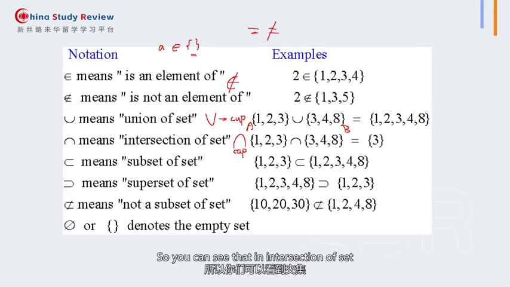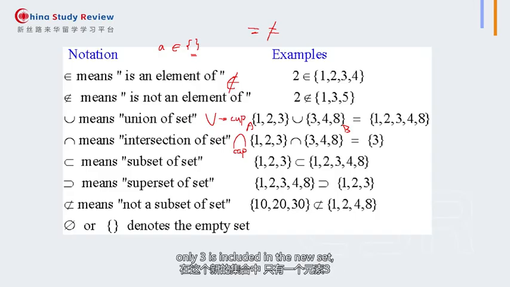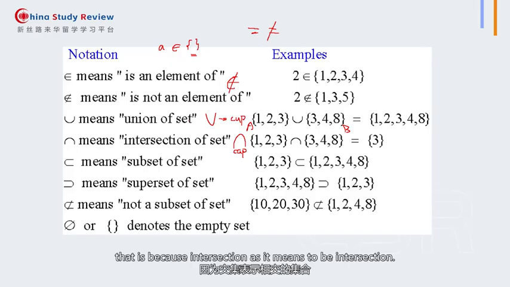So you can see that intersection of sets is totally different from union of sets, because in intersection of sets, with 1, 2, 3 and 3, 4, 8, only 3 is included in the new set. That is because intersection means that only the common elements inside the previous two sets will remain.